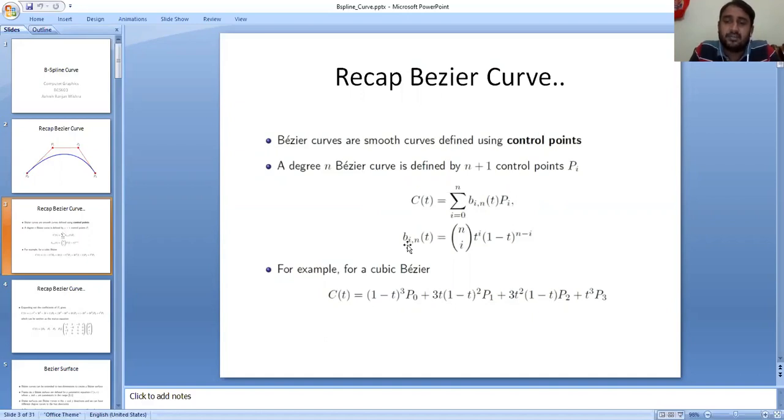This Bernstein polynomial is defined as n choose i, t to the power i, into (1 minus t) to the power n minus i.